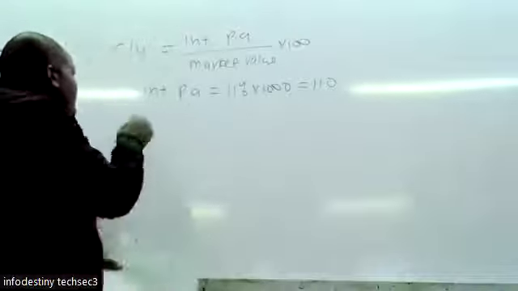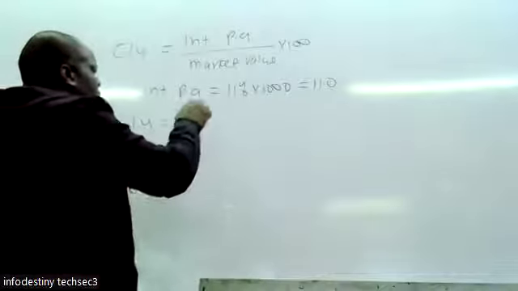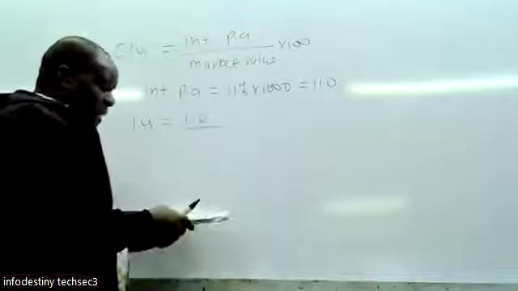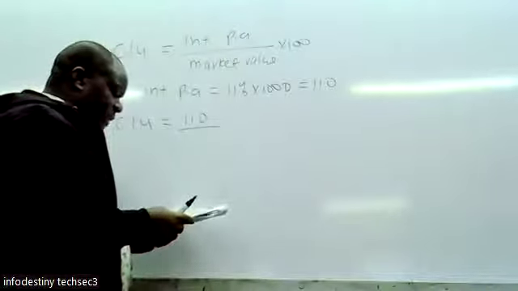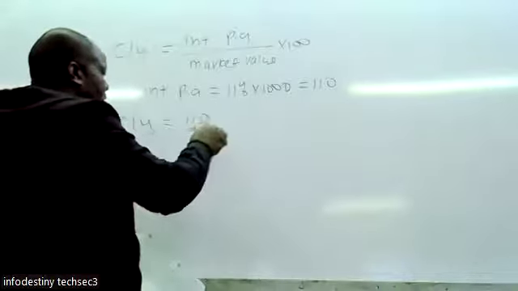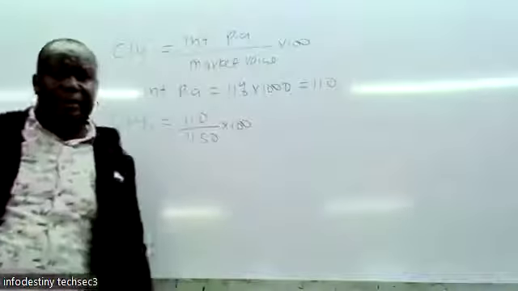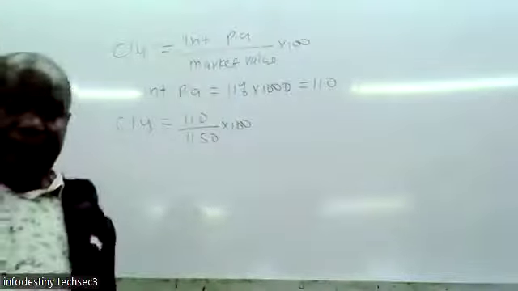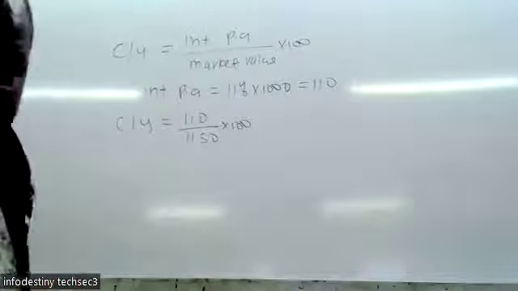Market value was given, so take that 110. Market value for the bond is what you are given up there as 1150. It currently sells at 1150. Then show it as a percentage.